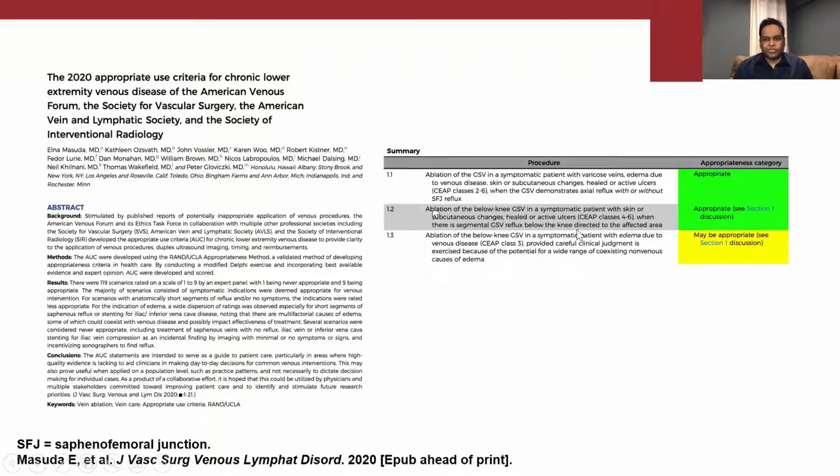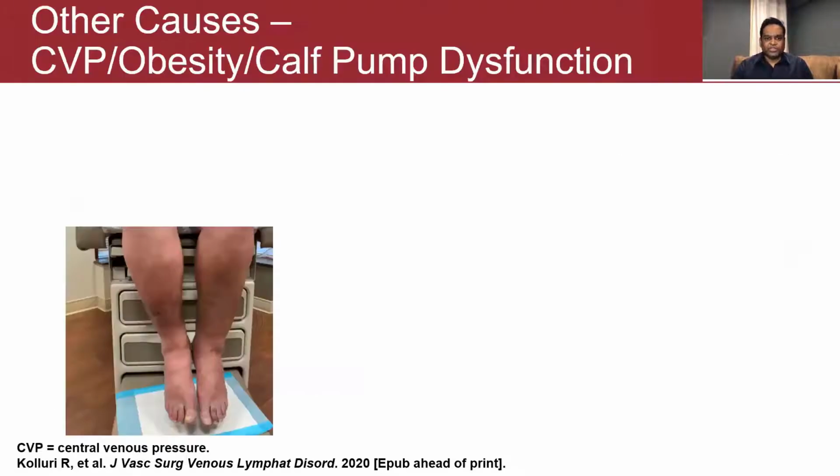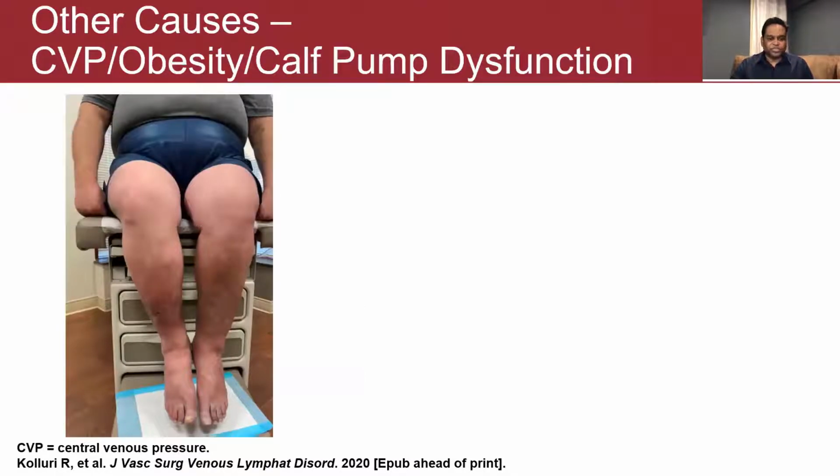In patients who are symptomatic between classes of C4 through C6, if they don't have above the knee reflux and they just demonstrate below the knee reflux, that is also deemed appropriate with certain caveats. And ablation of below knee great saphenous vein in patients just with edema may be appropriate after a wide range of coexisting non-venous causes of edema are excluded, such as central venous hypertension, obesity, calf pump dysfunction, etc., since these legs are connected to the heart, the main pump in the body.